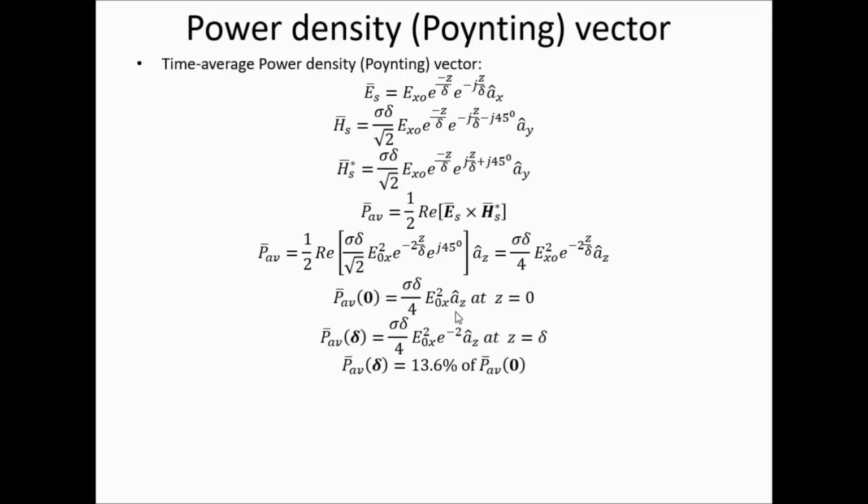So power at the surface is this, power at the skin depth delta is this. So the power attenuation at the skin depth will be 13.6% of the surface power. That means at the skin depth, the electric field will reduce to 36.8%, but the power will reduce to 13.6% of the initial power.